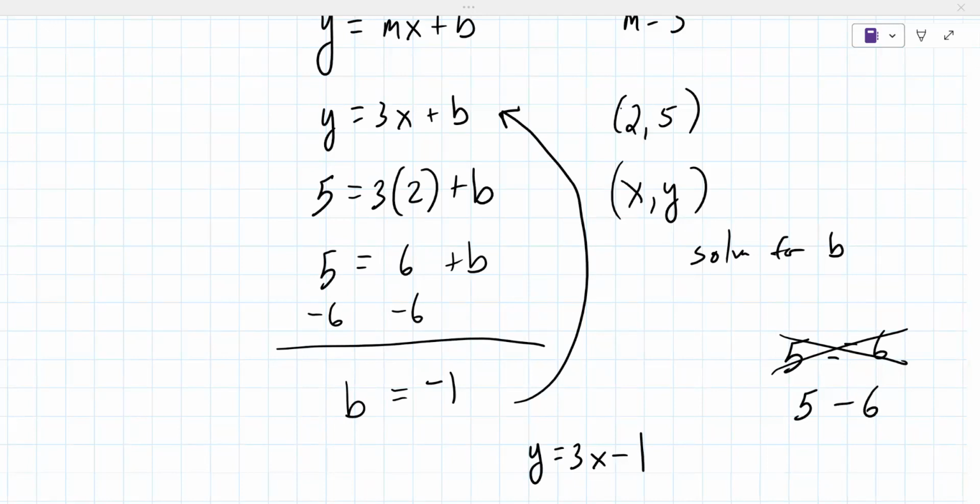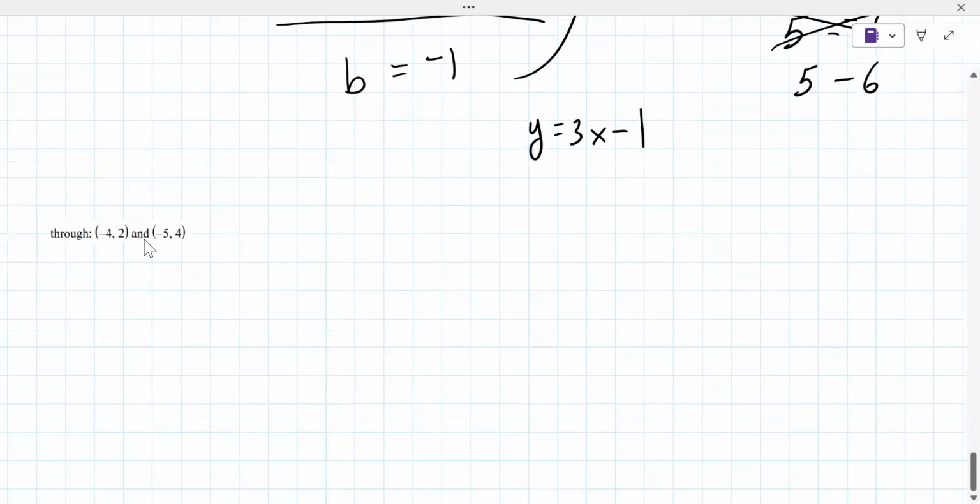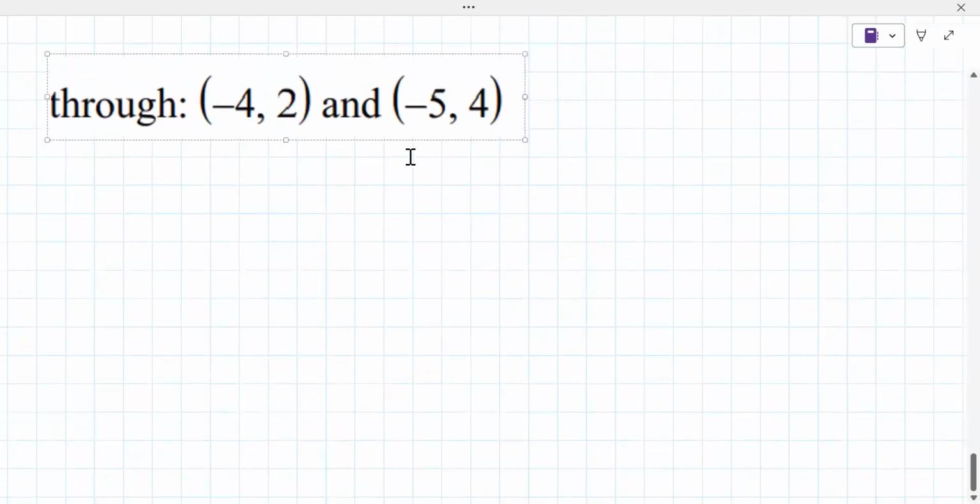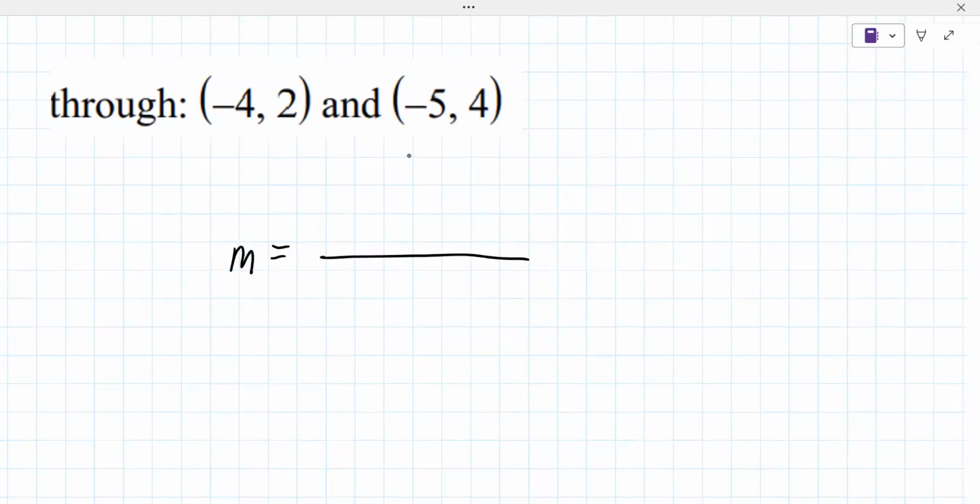Okay, let's look at another one here. All right, so I want you to first calculate the slope, please. -4 minus 2 is 2. -5 minus -4 is -1.